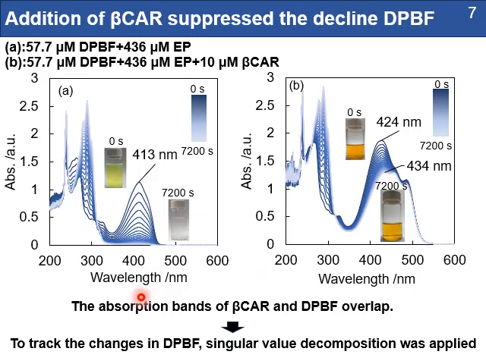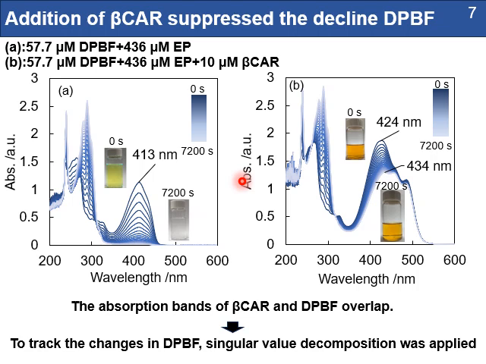As a result for singlet oxygen. In graph A, the time-dependent change in the absorption spectrum contains only endoperoxide and DPBF. As singlet oxygen is generated over time, DPBF is decomposed, and a decrease in absorbance at 430 nanometers is observed.